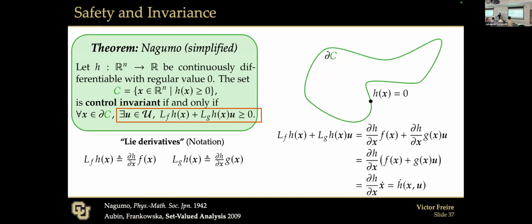So what is this condition saying? When we are at the boundary, meaning when h equals 0, the time derivative of h has to be greater than or equal to 0. So you have to have an input such that h dot is greater than or equal to 0, and you're going back inside the set. That's how invariance is being enforced intuitively. That's what this condition is saying.